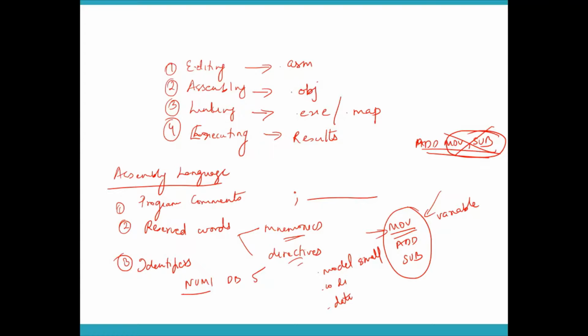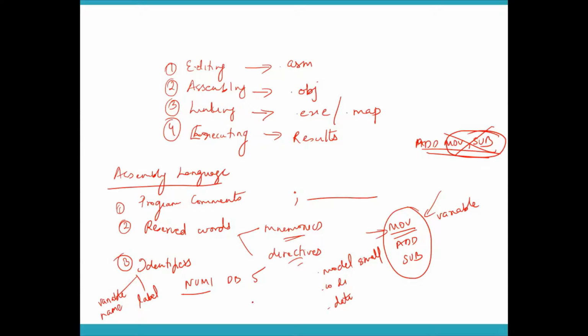Identifier means it is a user defined variable name, right? So are only variable names called identifiers? No. Identifiers can come in two categories. An identifier can be a variable name, or it can be a label. Labels also come under the category of identifiers.